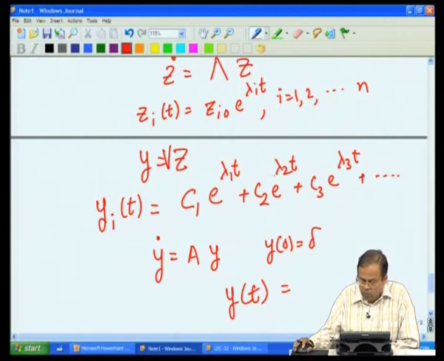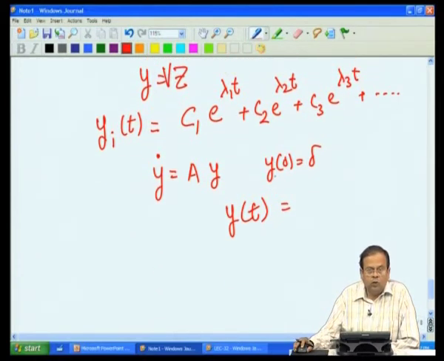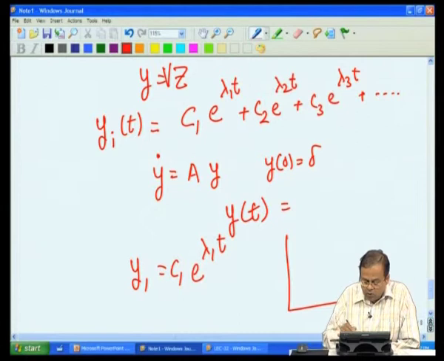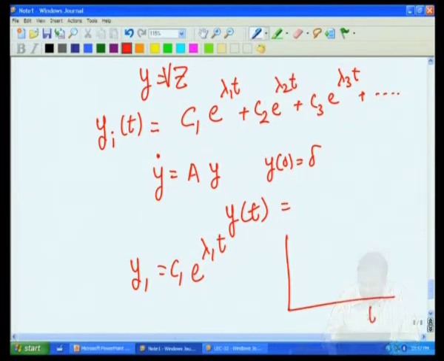Now, even without knowing much mathematics, we can take a simple example. Let us say we just have a one dimensional problem, with lambda 1 t. Here y equal to 0 is the solution, this axis is time, and I am plotting y1.